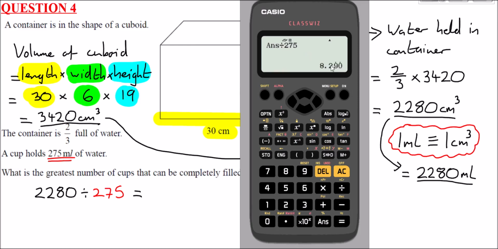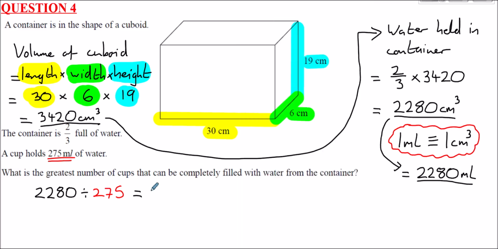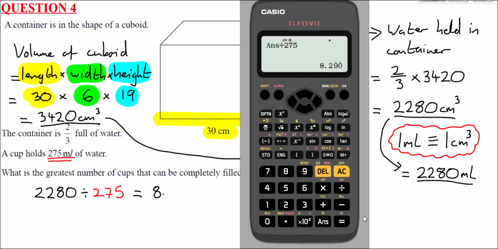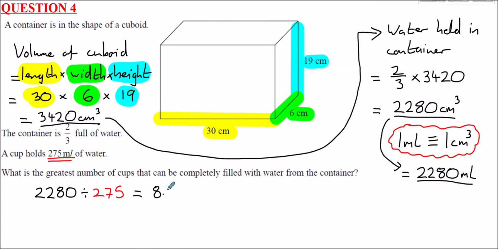We get 8.290 recurring. The 9 and the 0 with the dot above means 9090 going on forever. So we get 8.2909090 and so on. So this means 8 and a bit cups essentially.